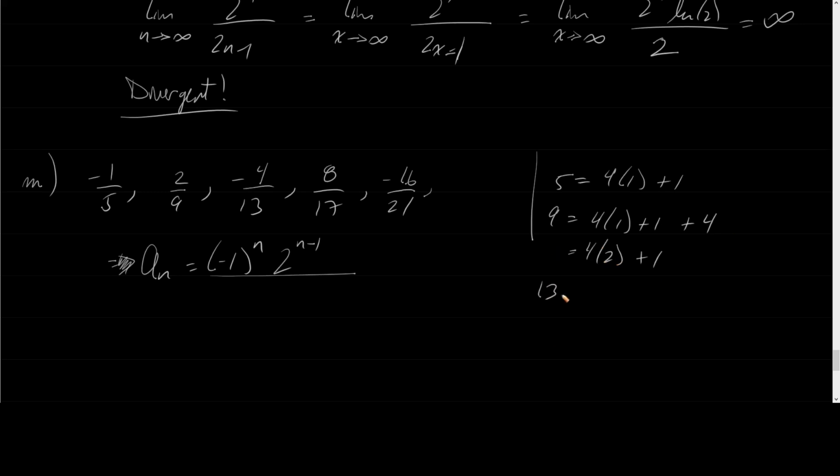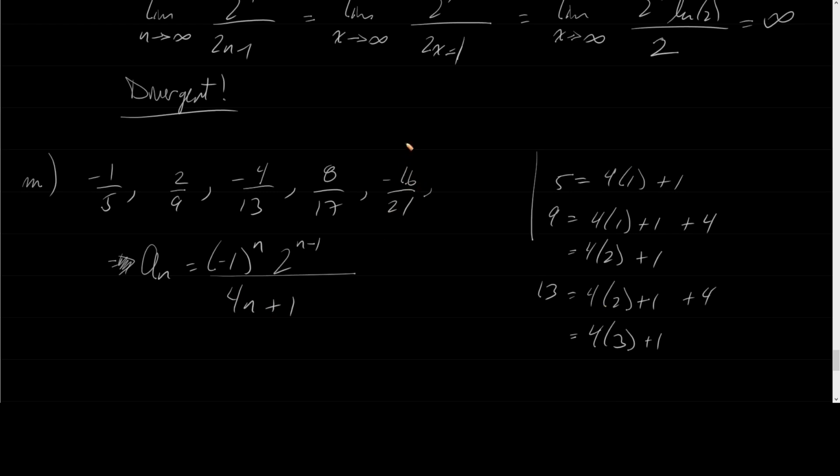If I have 13, that's adding 4 again, so 4 times 3 plus 1. Hopefully you see the pattern, because on the bottom what we're going to have is just 4n plus 1.